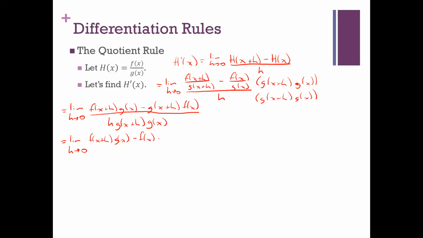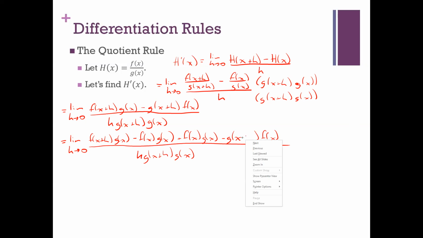Minus f of x g of x plus f of x g of x, minus g of x plus h, f of x, all over h, g of x plus h times g of x. Let me pause there for a bit. Any questions about what I've done so far?